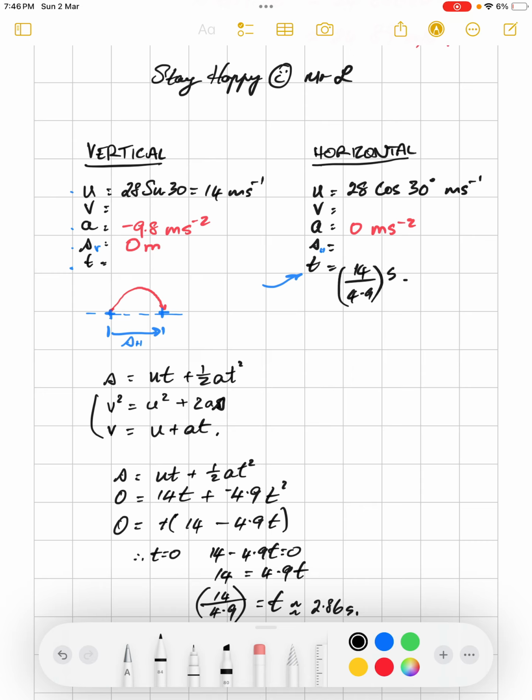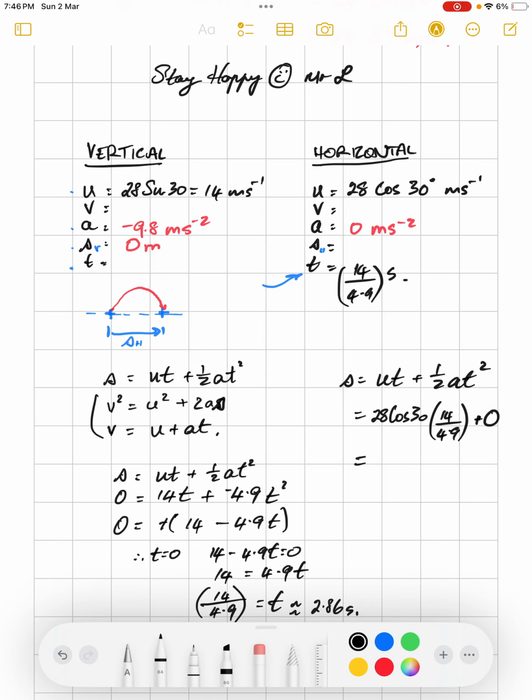Seconds. And now we come over here and we find our displacement using the same formula. S equals UT plus half AT squared. It's our initial velocity, 28 cos 30, times T, 14 over 4.9, plus half of acceleration times time squared. Now, because acceleration is 0, that's plus 0.